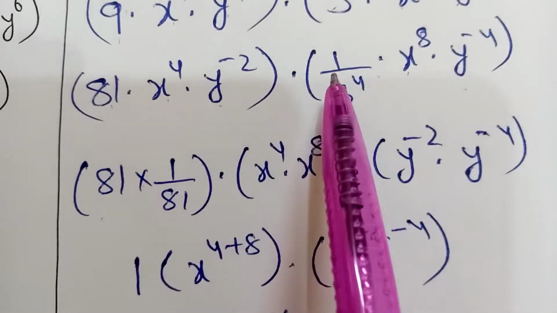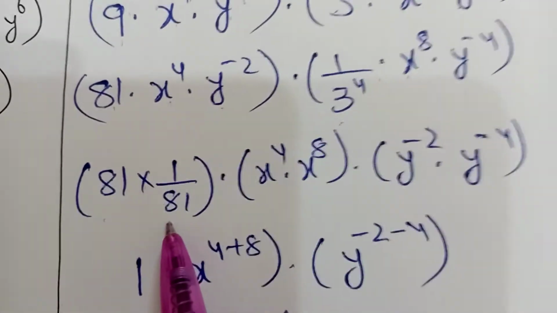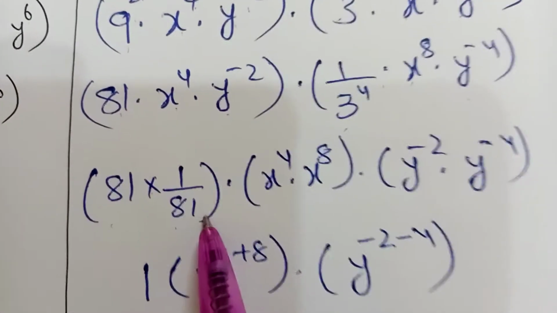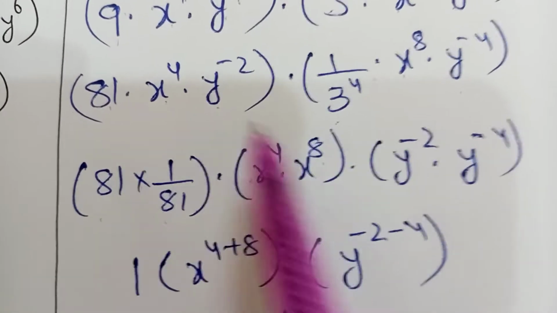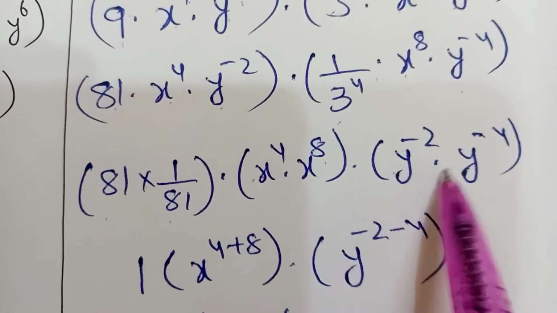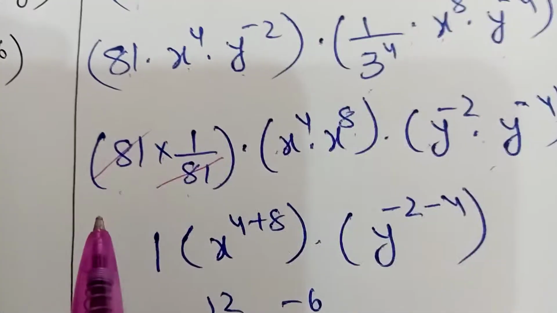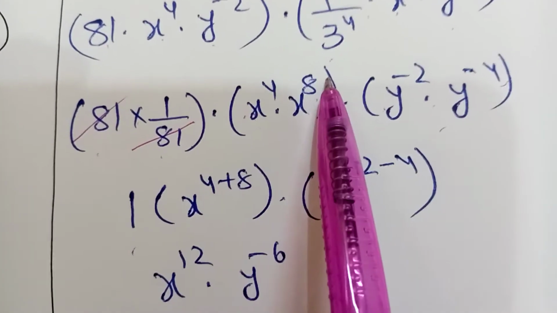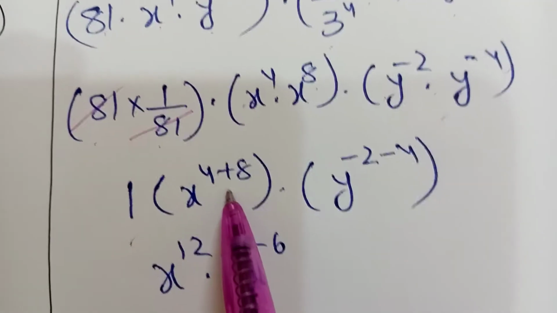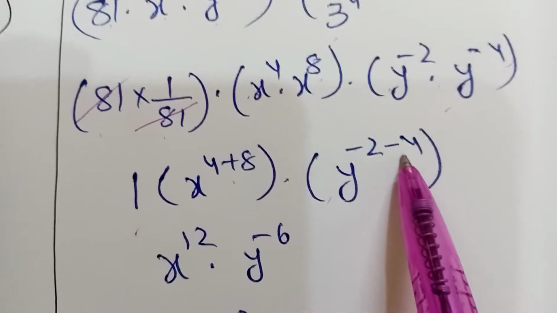81 into 1 by 3 power of 4, 4 times 81. Number one side. x to the power of 4, x to the power of 8 one side. y to the power of minus 2 into y to the power of minus 4. So this 81 cancel 1. x to the power of, base is same, power should be added, 4 plus 8. y power of minus 2 minus 4.